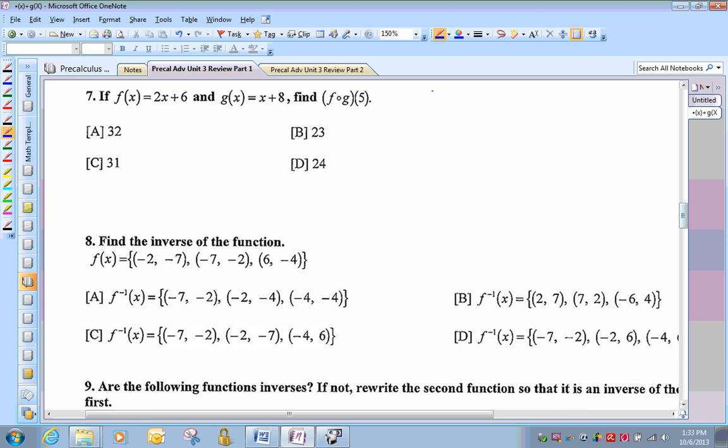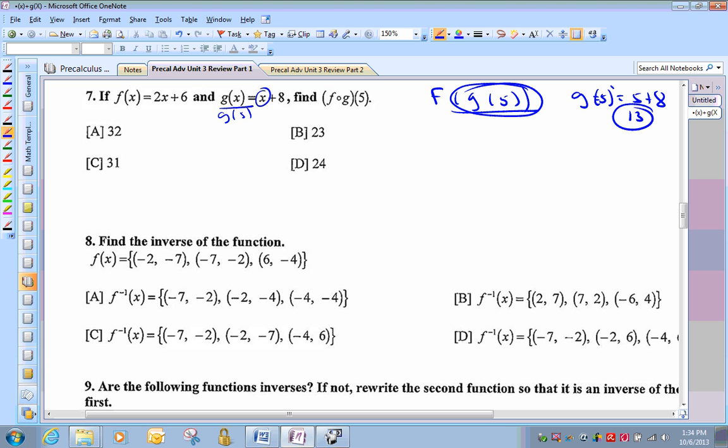Next, we're going to fog. So we're going to f of g of 5. Well, first of all, I'm going to figure out what g of 5 is. I'm going to do that to the side. So I'm going to pretend like this is not g of x, but g of 5. That means I put a 5 in for x. So g of 5 equals 5 plus 8, which is 13.